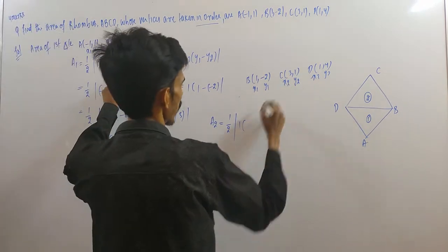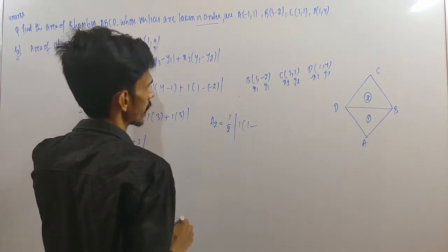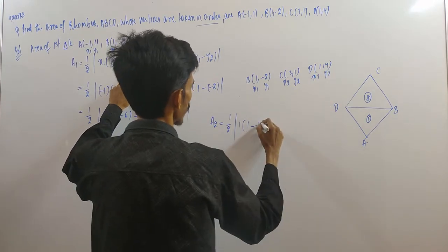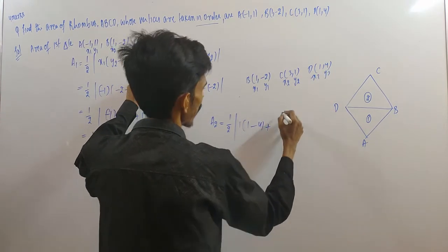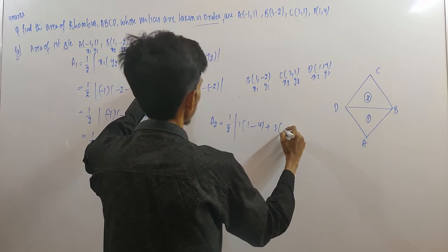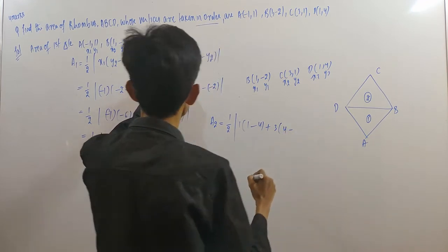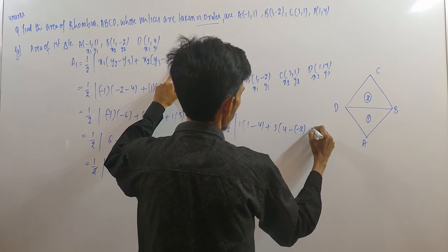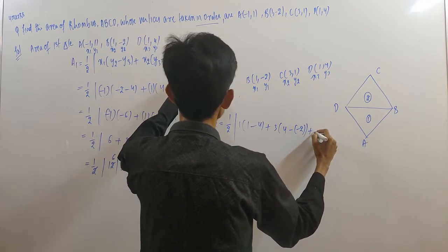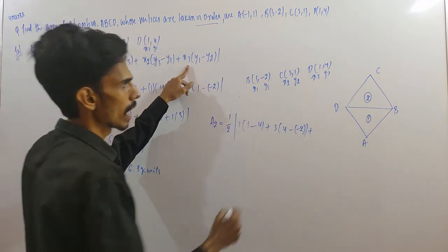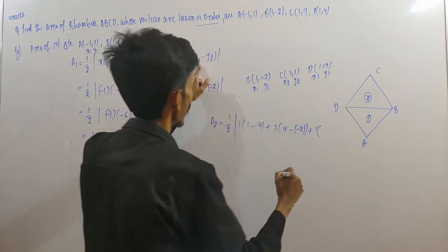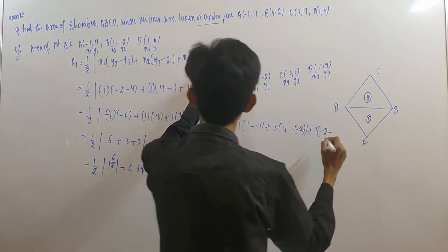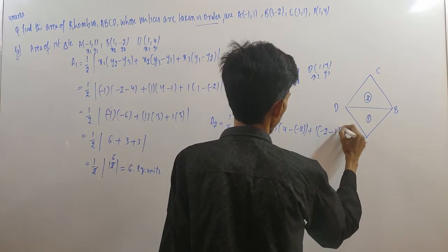So we have 1 into (y2 value 1 minus y3 value 4) plus x2 value 3 into (y3 value 4 minus y1 value minus 2) plus x3 value 1 into (y1 value minus 2 minus y2 value 1).